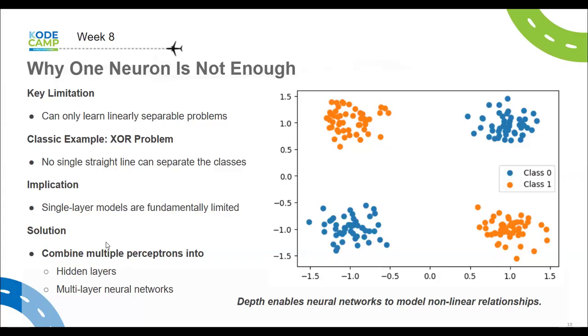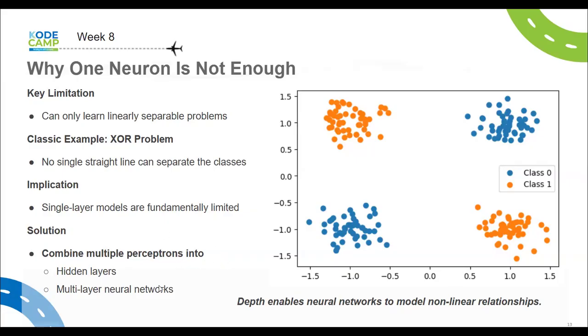There were other problems. When multi-layer networks, what we now call multi-layer perceptrons, were eventually invented, the next problem was the computational power to actually solve those things in real time.